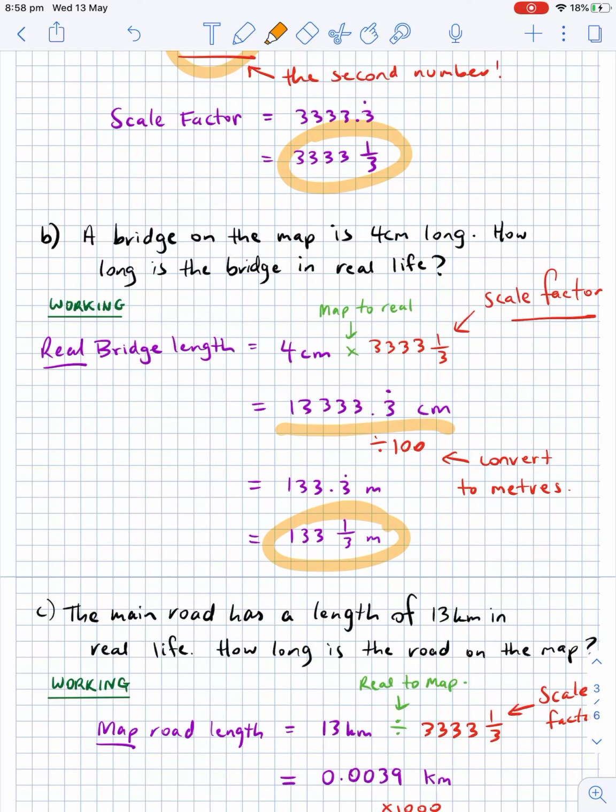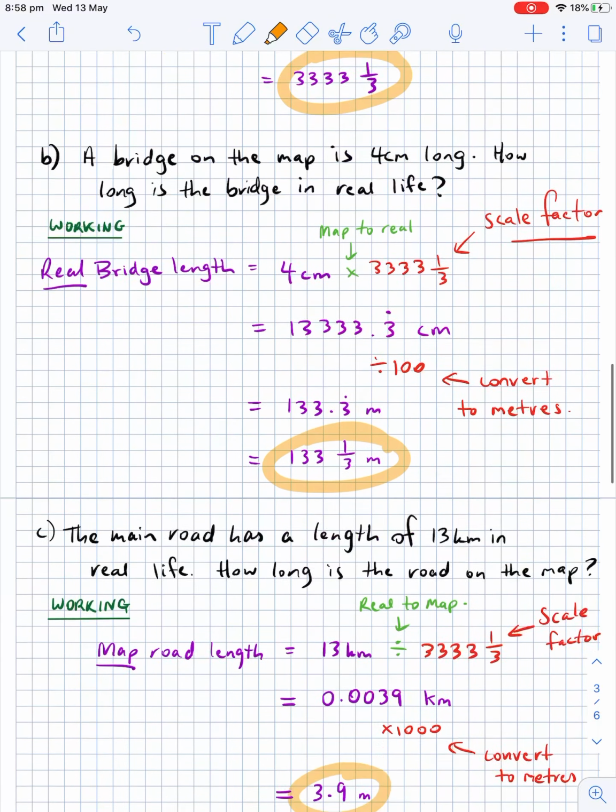We don't want to deal with this many centimetres, so we're going to divide by 100 to convert to metres. We're left with 133.3 recurring metres, and as a mixed numeral that is 133 and a third metres. Again, the mixed fraction is just a little bit nicer in this context.